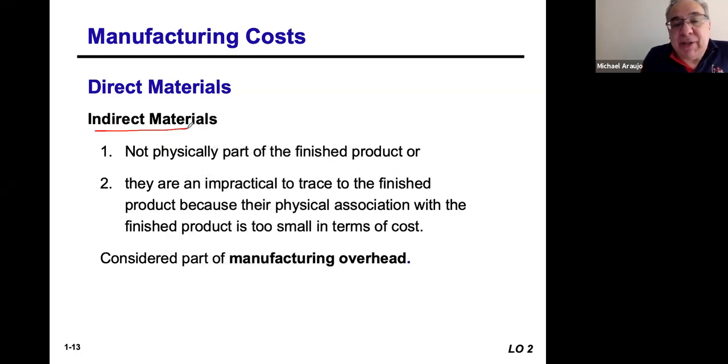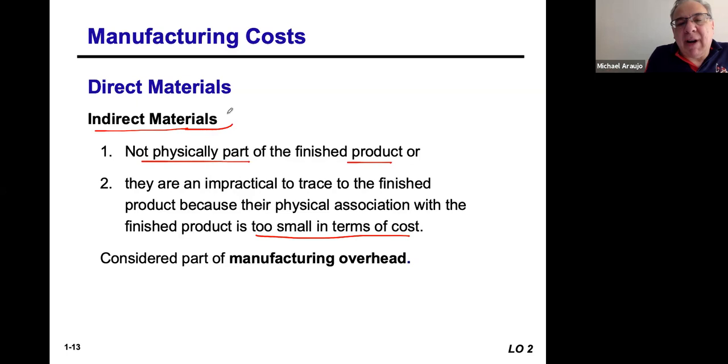Indirect materials are materials that are also used, but they're not physically part of the product. Or they might be part of the product, but it's so tiny, minute stuff that it's hard to calculate any type of cost, okay?